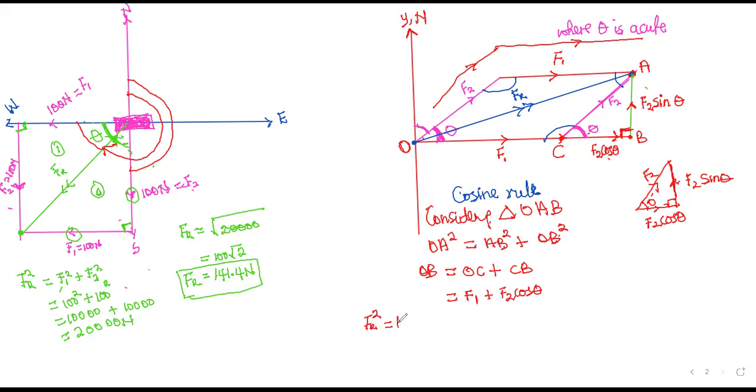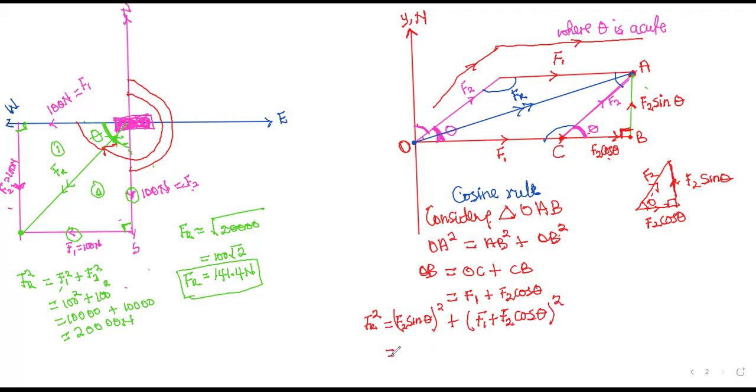AB is F2 sine theta, all squared. Put everything into bracket, plus OB. OB is now F1 plus F2 cos theta, all squared.